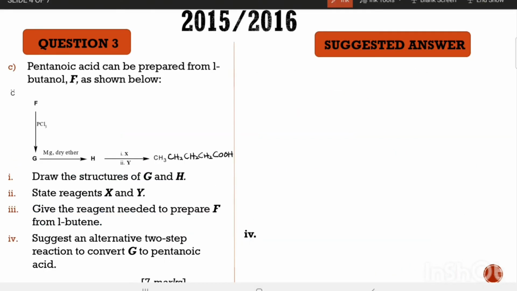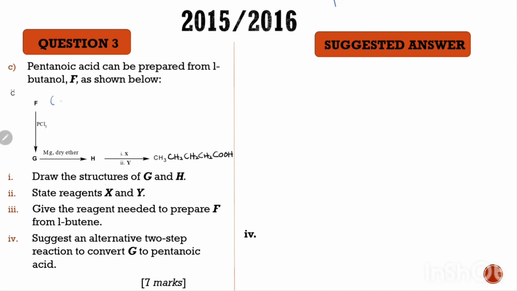Okay, next is question number 3C. Pentanoic acid can be prepared from 1-butanol F as shown below. Okay, refer to the diagram given. So we have F, 1-butanol, reacts with PCl5 to form G, and then G reacts with magnesium in ether to form H, and then H reacts with X followed by Y, to produce pentanoic acid.